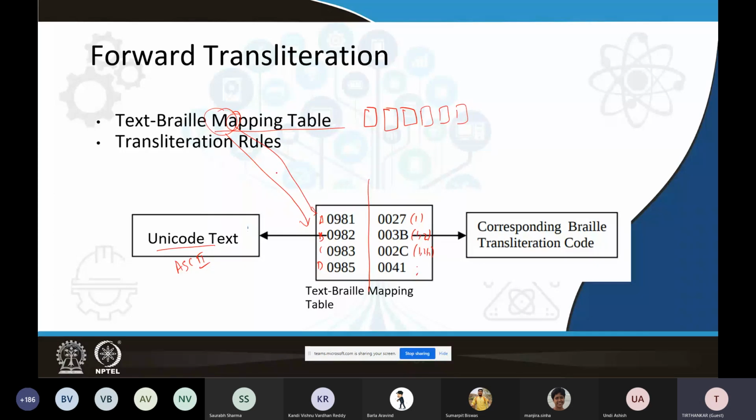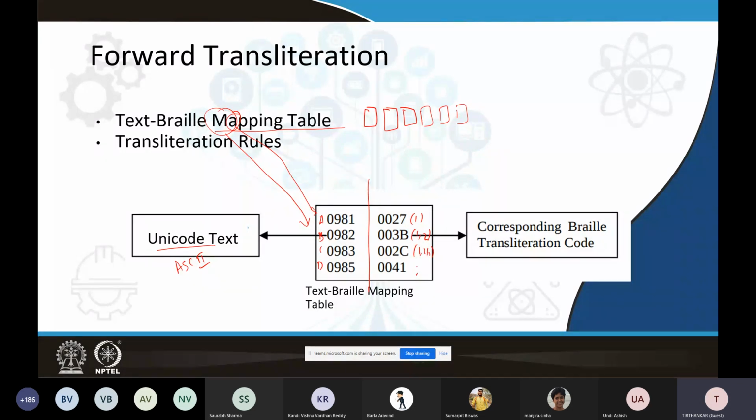So the entire process depends upon the construction of this mapping file. Now in English, constructing these mapping files is very simple, because in most cases for every individual alphabet there are very specific braille cells.